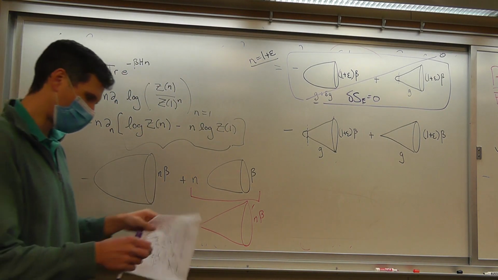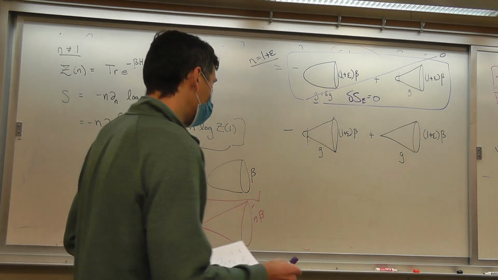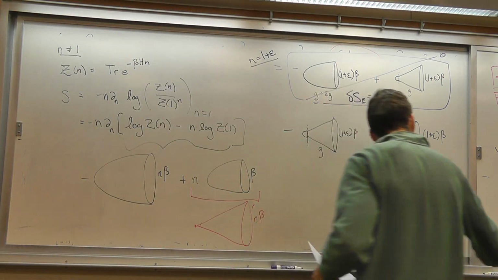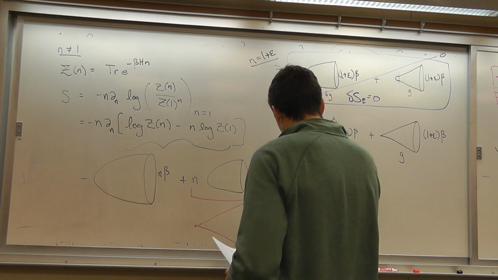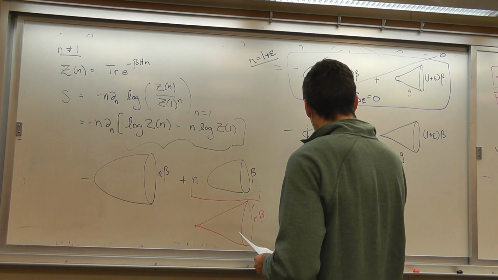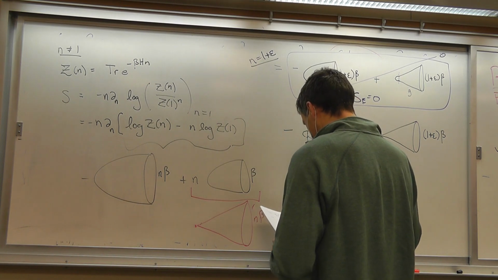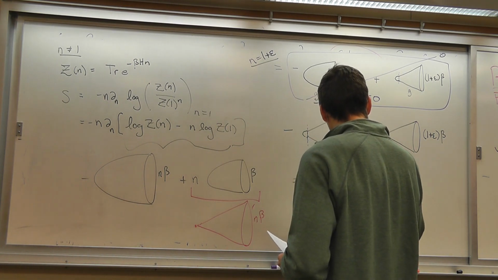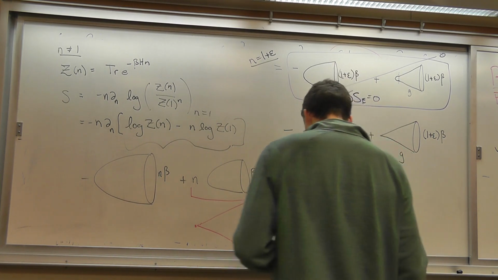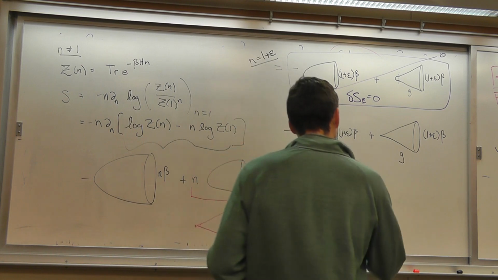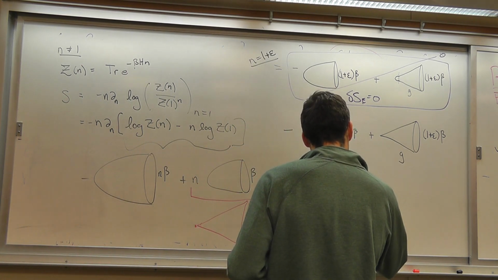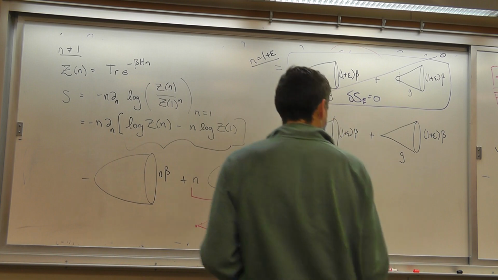Okay, so we've reduced this problem to calculating the Euclidean action, which is minus 1 over 16 pi G integral root g R for the pointy tip.